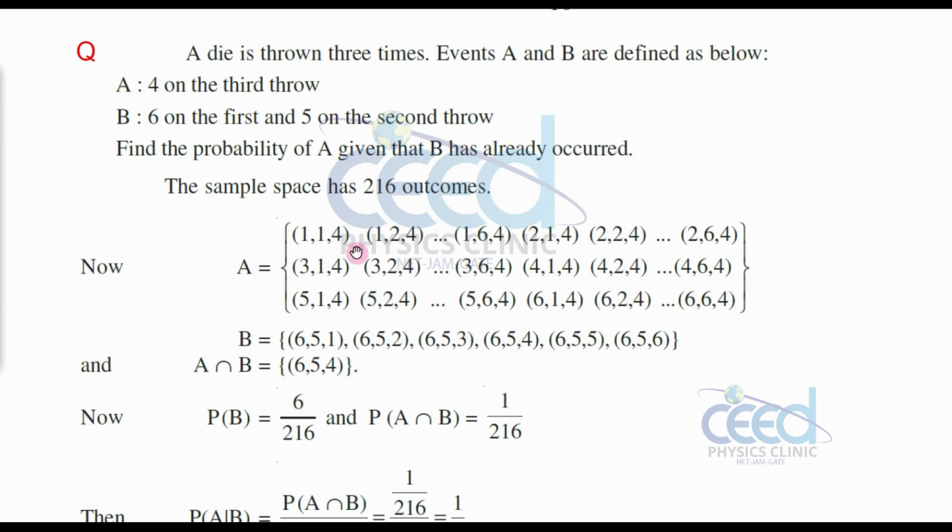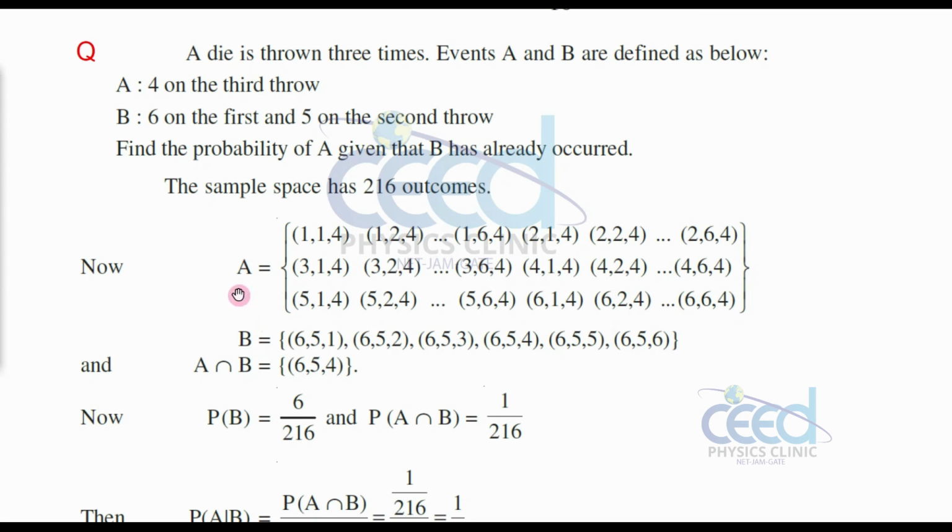We have 114, 124, 164, similarly 214, 224, 264, then 314, 324, and so on. So in all these cases the last member shows 4. That is A. These are the elements.